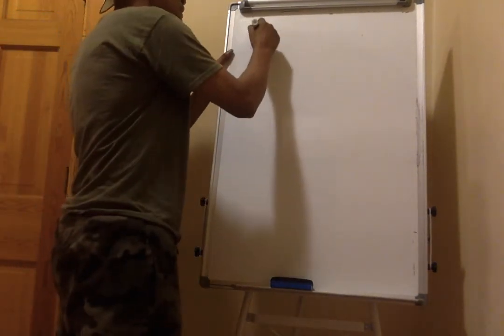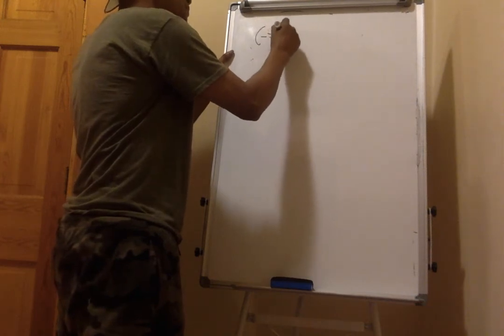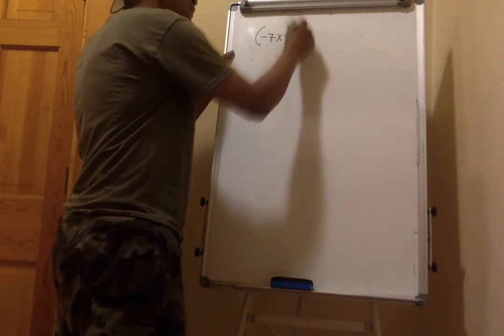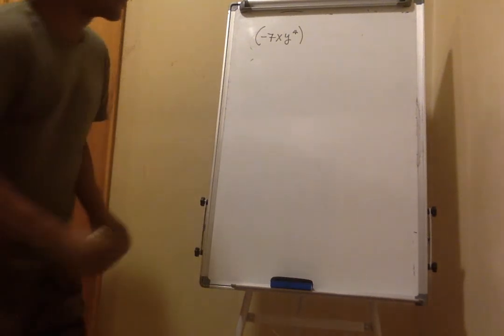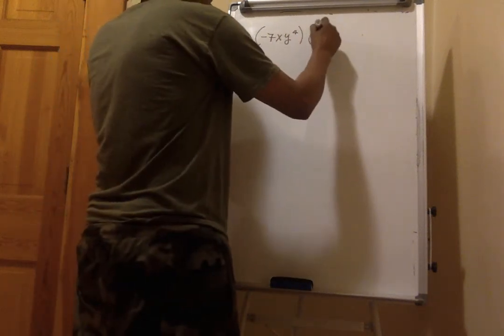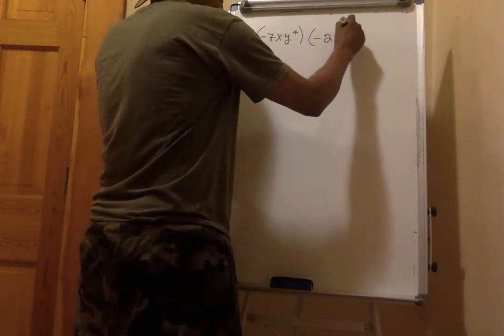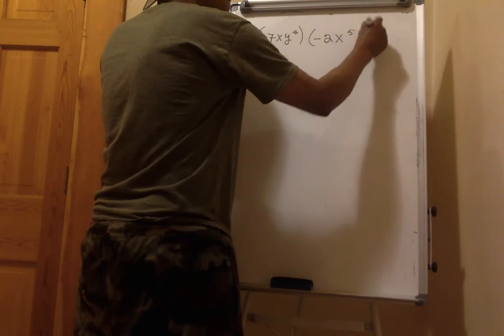Then you have negative 7xy to the fourth minus 2x to the 5, y to the 6.